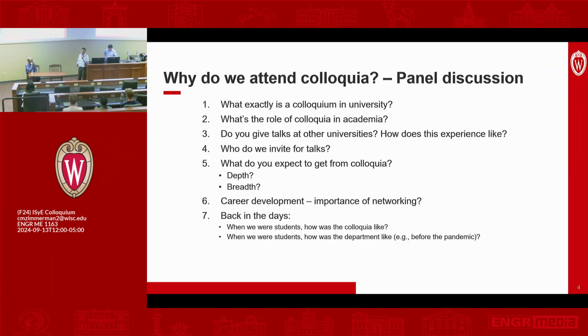That's a very good opportunity to understand what the presenter is doing in this specific thrust. So that's about colloquia in university, and colloquia in academia, I think, have basically the same functionality.